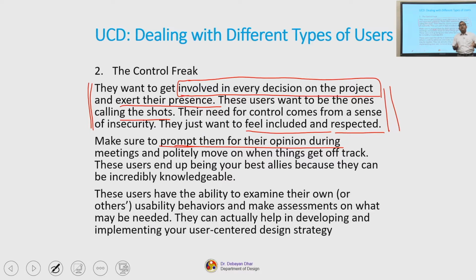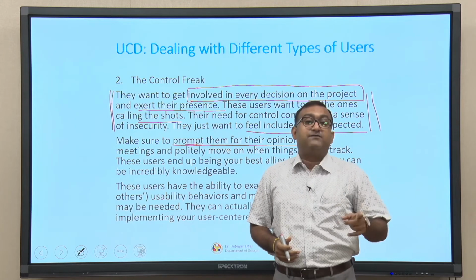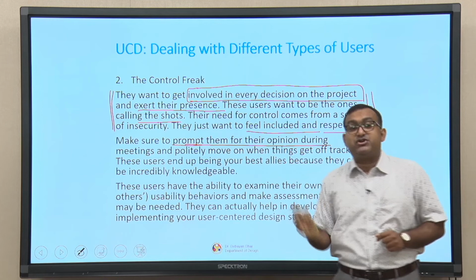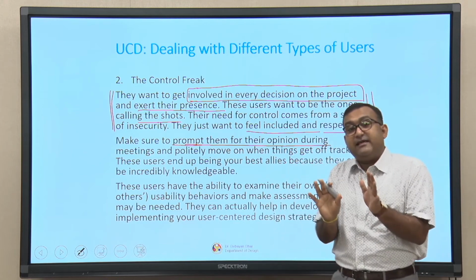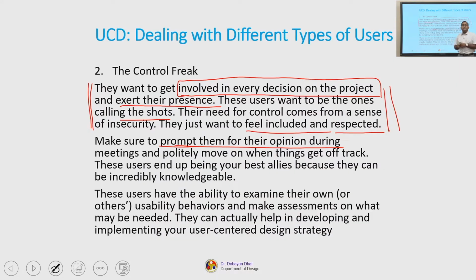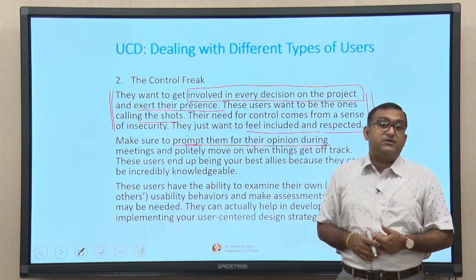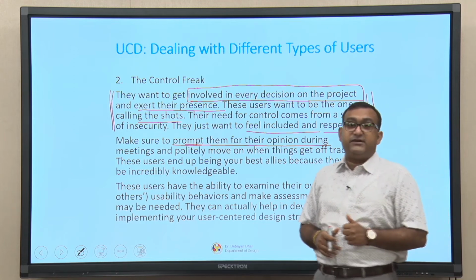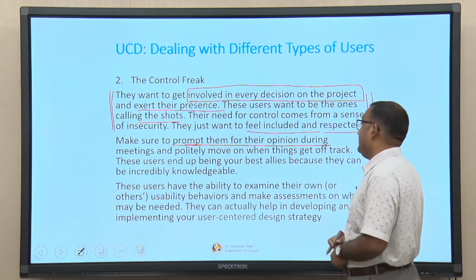Now, if you start asking for their opinions, you might also see that they start discussing and then gradually go off track. It is your responsibility to anchor the discussion and politely communicate to them the objectives of the project, and how you can anchor them to the main topic of discussion. That is also something you need to ensure, and therefore a lot of experience is required while dealing with this kind of people.